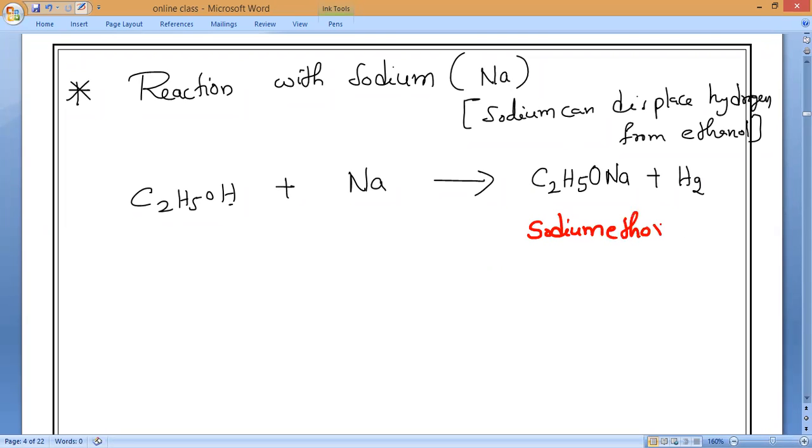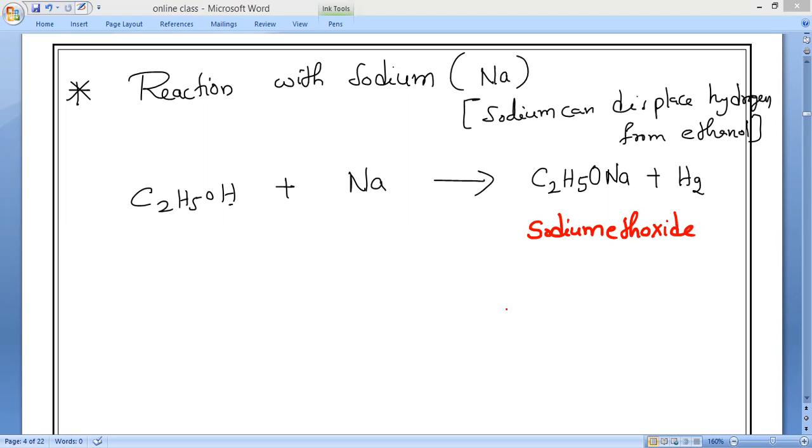In this, there is one positive ion and one negative ion. Your NCERT book mentions this in the equation. Which is positive and which is negative? Na is positive, and the ethoxide is negative. You can write that also.